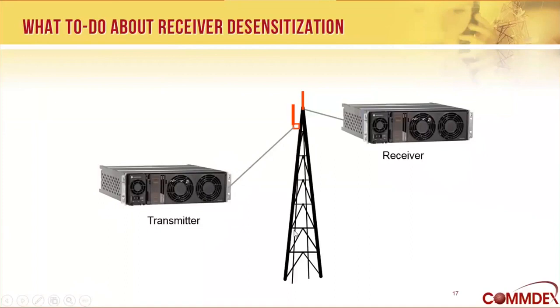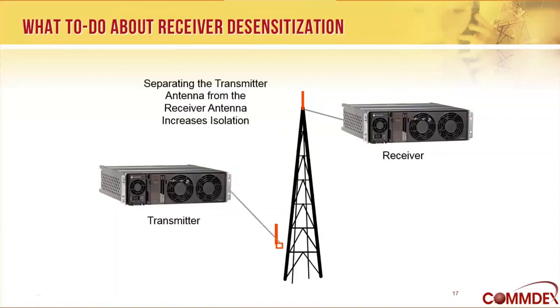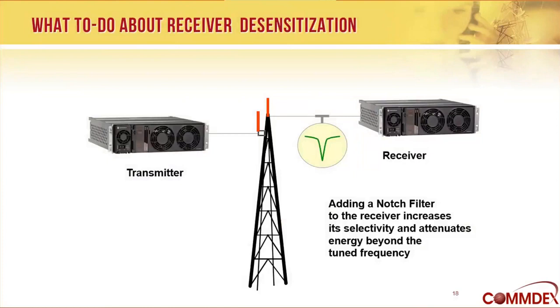So, what do we do about it? Kind of the same things we did about transmitter noise, because again, it's two sides of the same coin, so the remedies will be similar. Once again, we can separate the transmitter antenna from the receiver antenna, and I don't care which one is which, as long as they're separate from each other. Now, you remember on the transmitter noise issue, we were putting filters on the transmitter side.